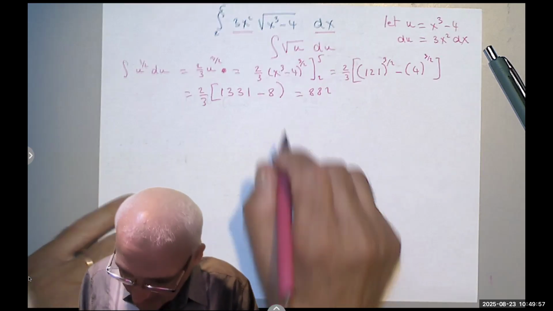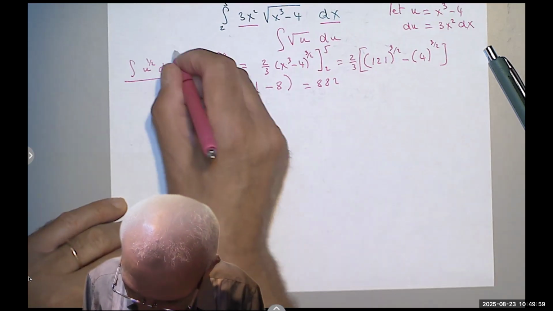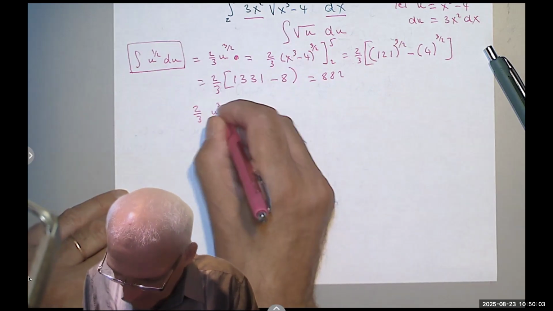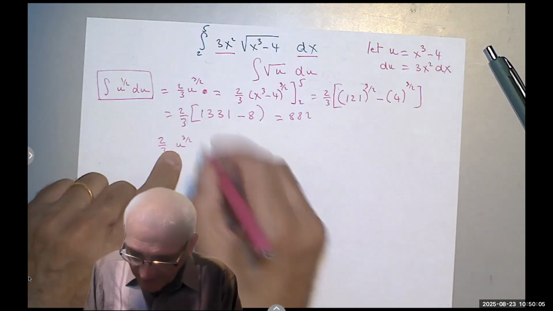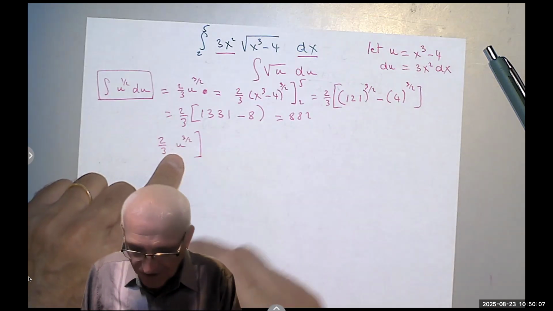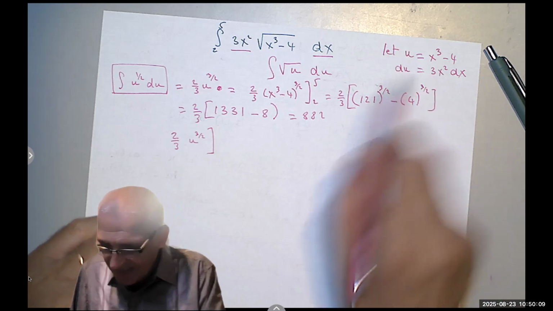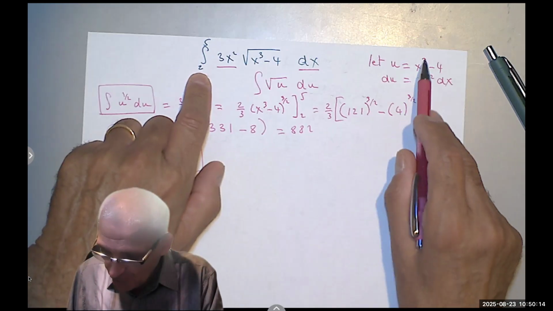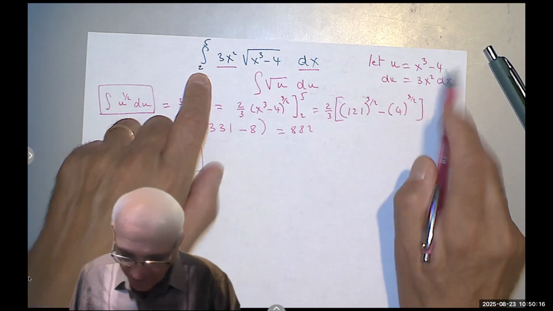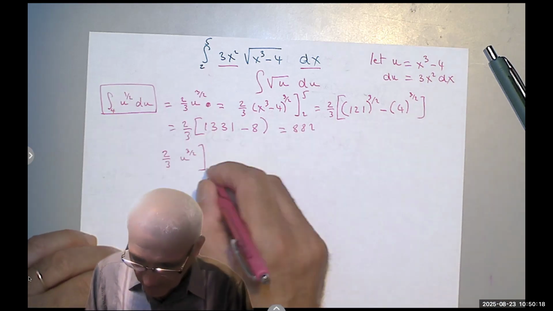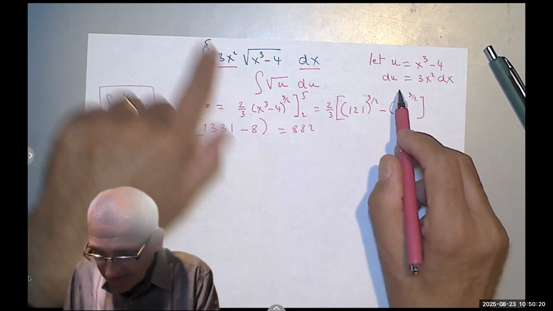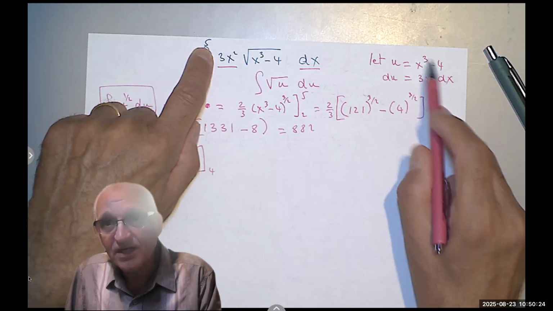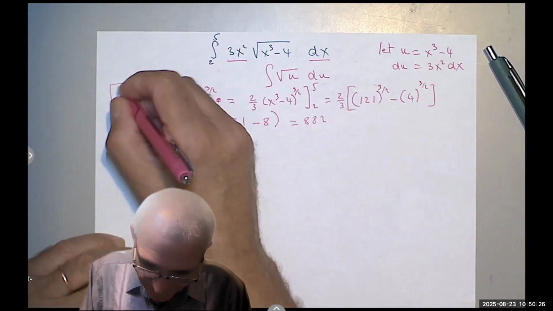The other method is that after I integrate that and I got 2/3 u to the 3/2, I say, okay, let me change the limits of integration. How? I say when x is 2, this is 2 cubed, which is 8 minus 4 is 4. And when x is 5, this is 5 cubed, 125 minus 4 is 121.